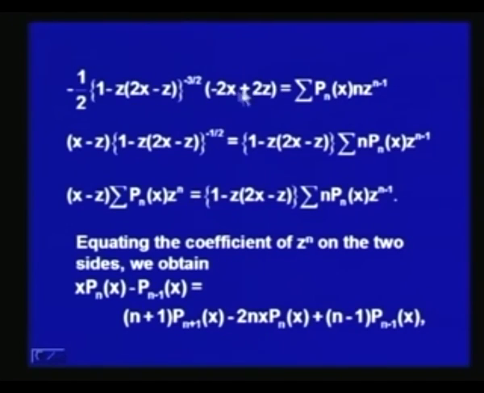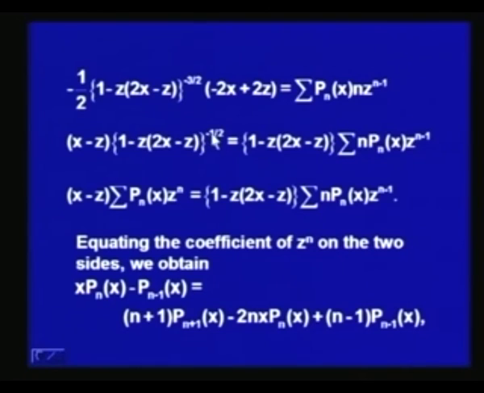After simplification, this equation becomes (x minus z)(1 minus z(2x minus z))^(minus half) equal to (1 minus z(2x minus z)) sigma n Pn(x) z^(n minus 1). We have multiplied this equation after simplification by (1 minus z(2x minus z)) also, to make the power of (1 minus z(2x minus z)) as minus half.